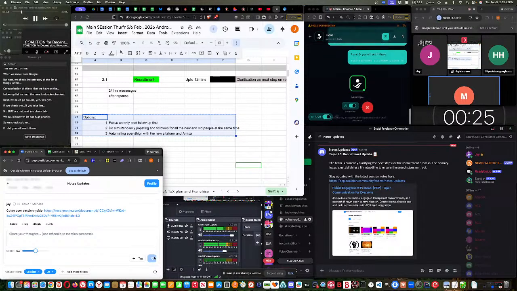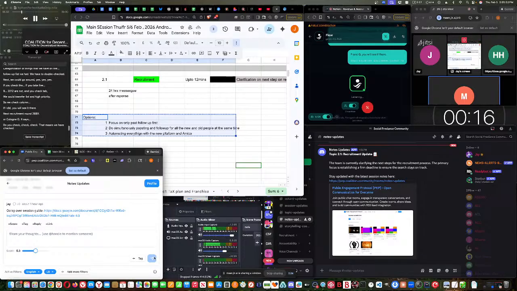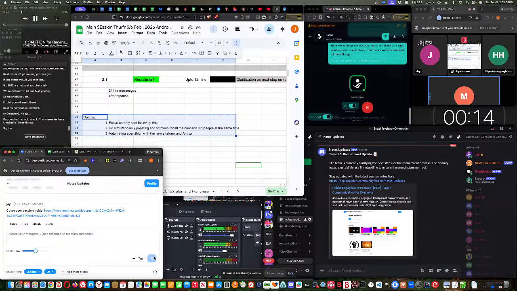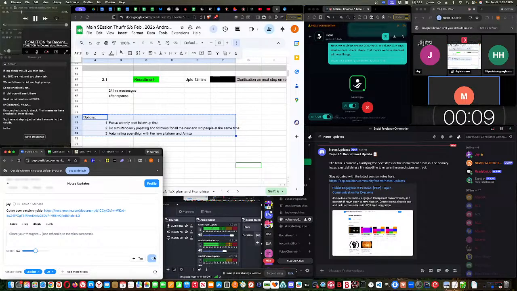Next recruitment round 206 EX. For column G, it states double check. That means we have checked all these things. So the next step is just to take them over to the next recruitment round.